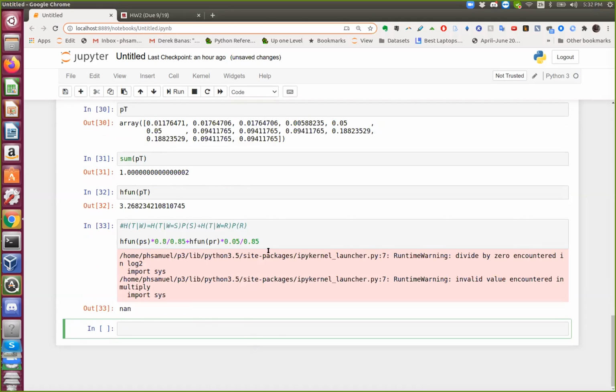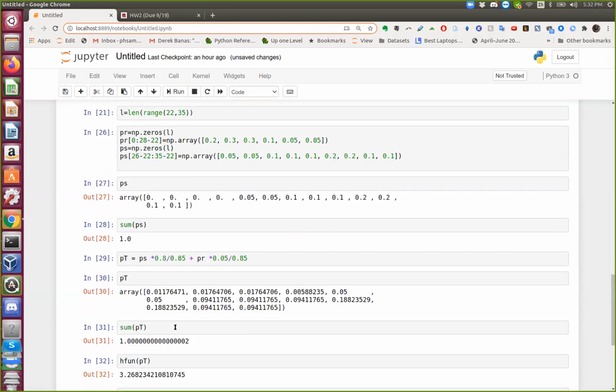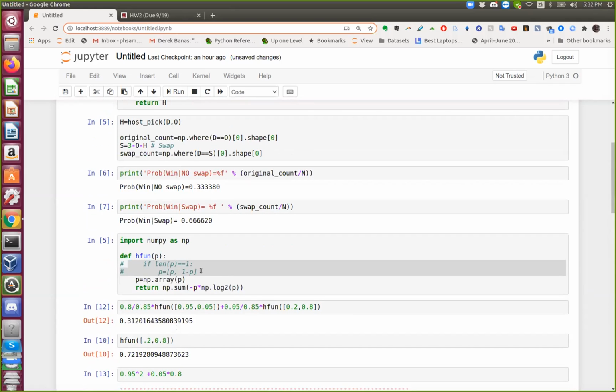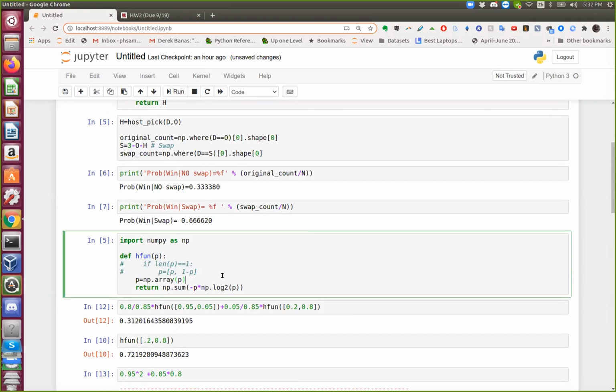Oops, what's the problem here? Wait a sec. Oh, okay. Yeah. I defined the... Let me change my function a little bit. How do I change that? Let's see. That's a little bit painful.